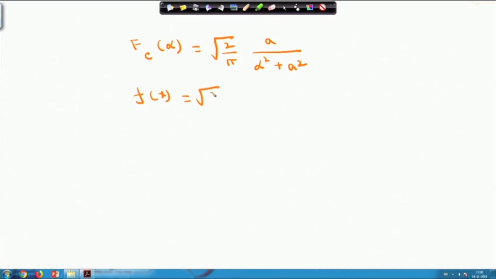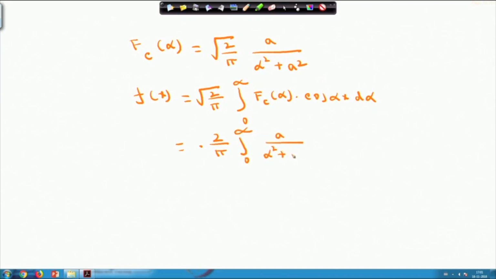Your f x will be root over 2 by pi, 0 to infinity, Fourier cosine transform of alpha into cos alpha x into d alpha. So, it will be a function of alpha. Substitute the value of the Fourier cosine transform of alpha that we obtained. So, root over 2 by pi is there, it becomes 2 by pi, 0 to infinity a by alpha square plus a square into cos of alpha x into d alpha.